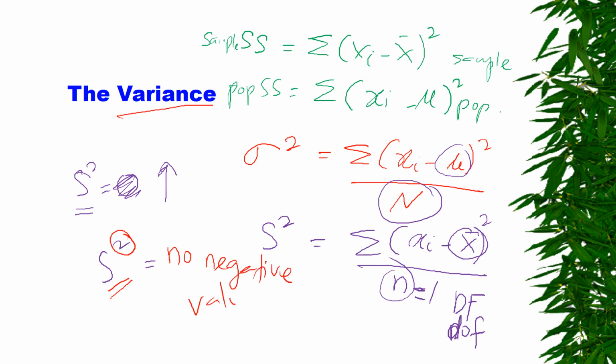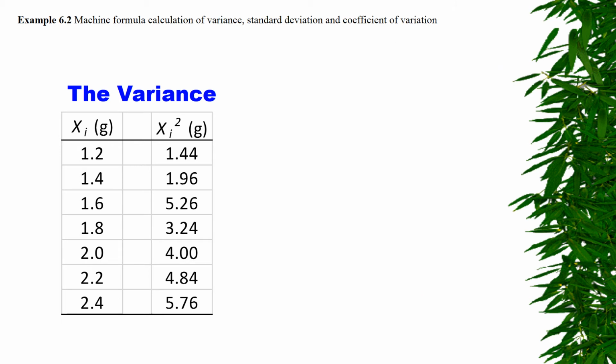So if you get a negative value, it means you have something wrong in your calculation. Remember that the sample sum of squares is the summation of (xi minus x bar) squared.